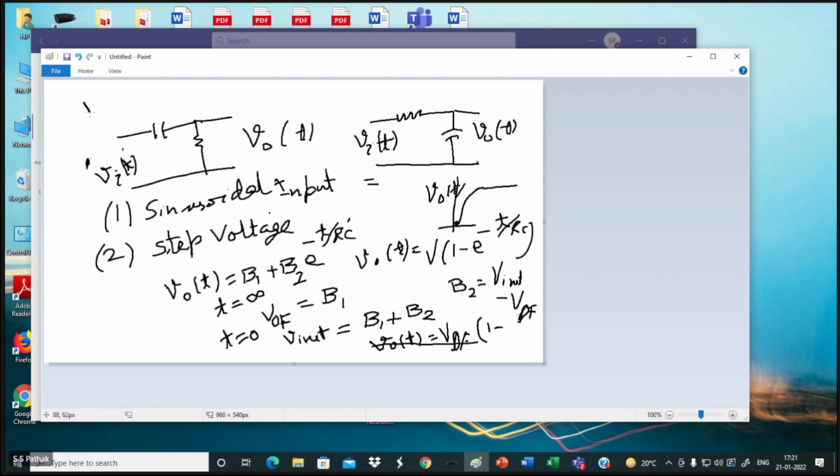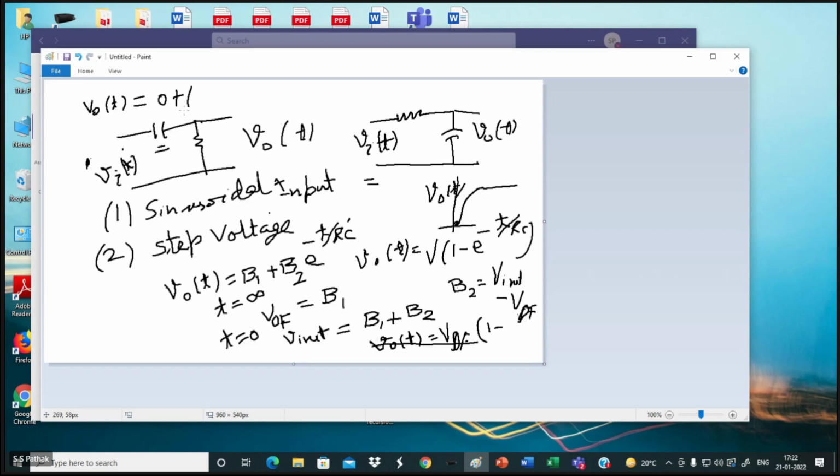Okay? So V naught t I want to write is your B1, that is your V naught F. V naught F final, it is 0, because this is blocking the DC. Capacitor will block the DC. So my V naught F becomes 0 plus B1. What is my B1? Sorry, B2. So what is my B2?